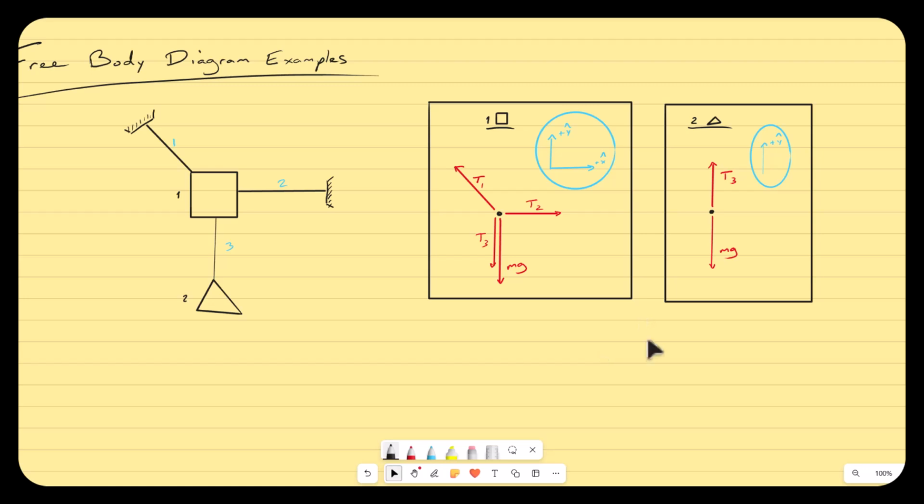I want to do one more. Maybe I would like to look at a pendulum. Acting on this pendulum, pendulum's going to be a dot.